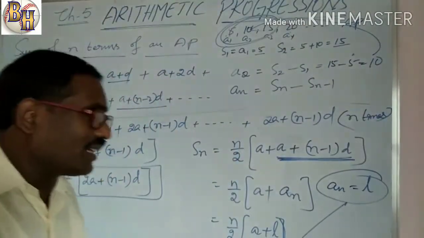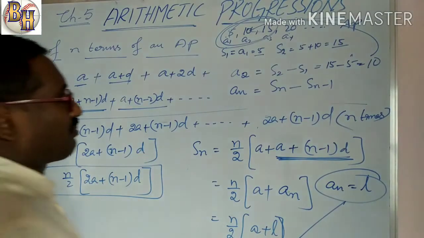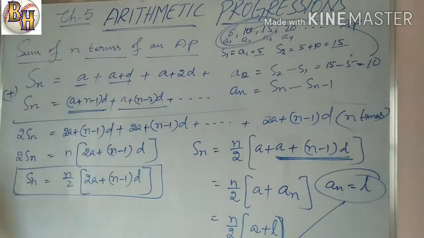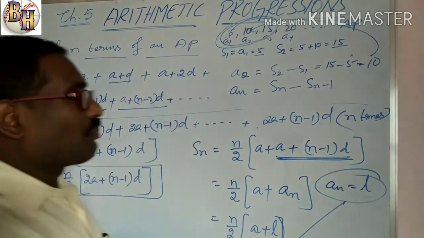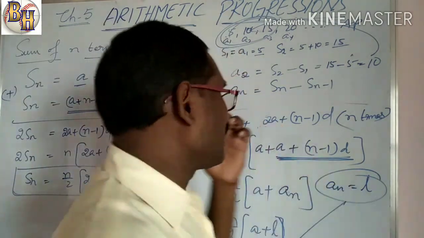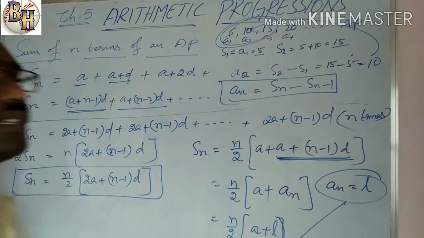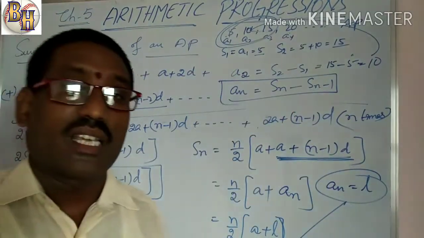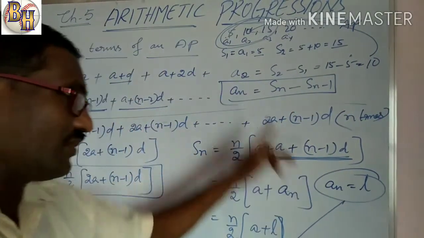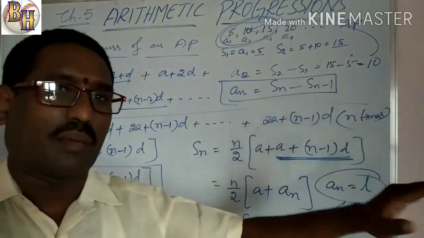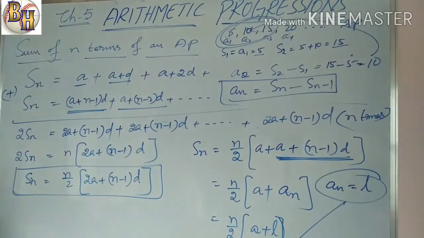Like that only. If you want to find the nth term and Sn is given, this is the formula: An is equal to Sn minus Sn minus 1, the preceding sum of the first n minus 1 terms.